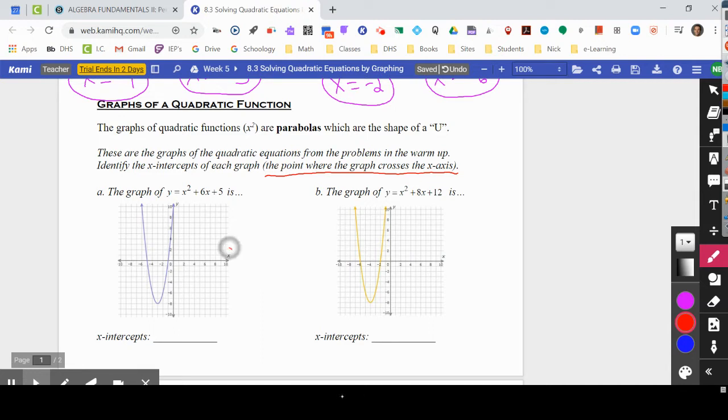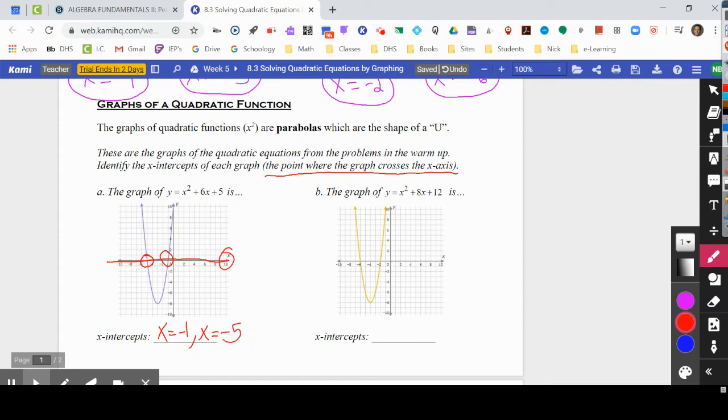Here's my x-axis, and this graph in blue crosses it here and there. What are the values of x at those two spots? This value is -1, and this value is -5.